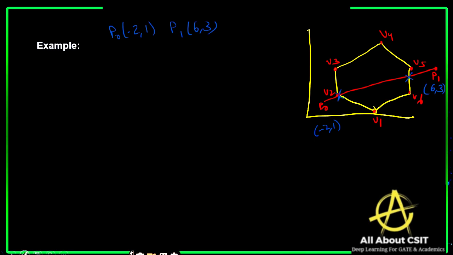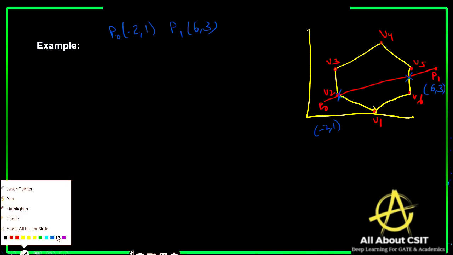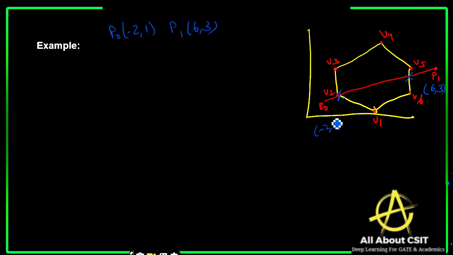So n means it is coming towards, right? So this is n1, this is n2, somewhere else n3, n4, n5 and n6.